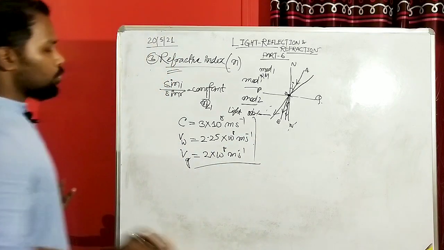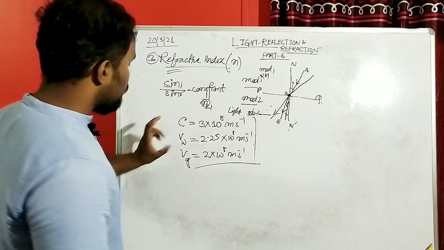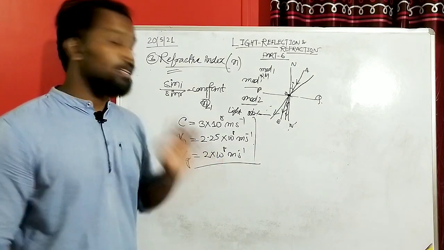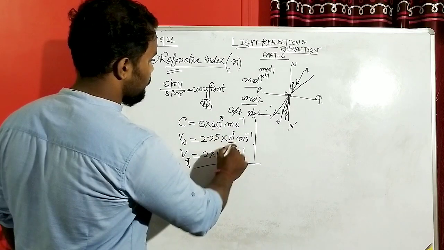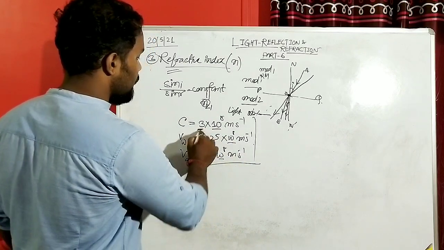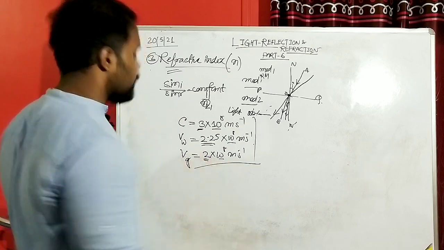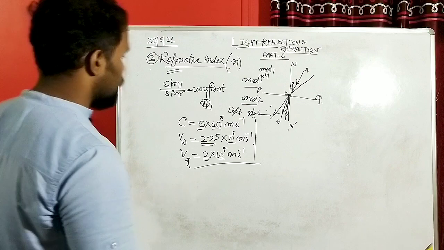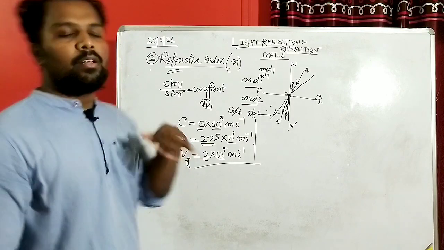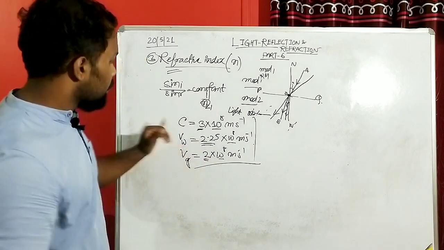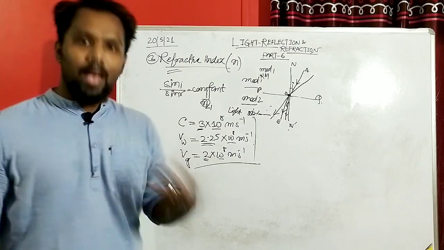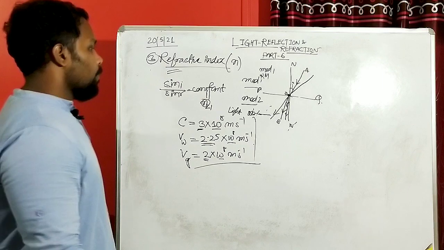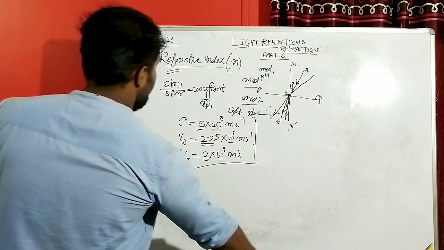I will show you how to calculate the velocity of light in water and in glass. Though the power is the same, the main value changes, but by a little amount. Because in air there is less traffic, but in water and glass there is a high amount of traffic. Simple fact.